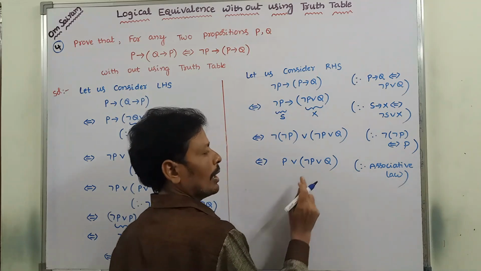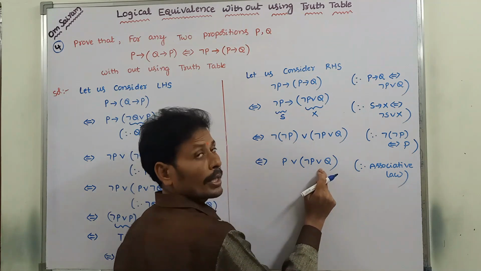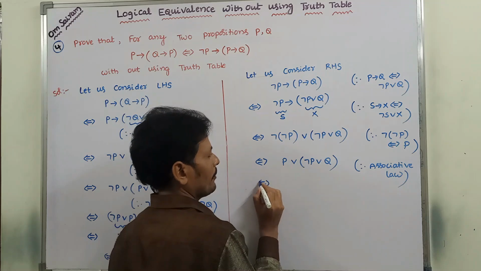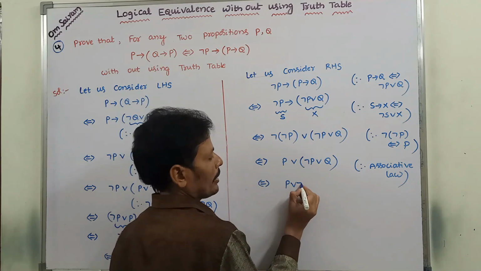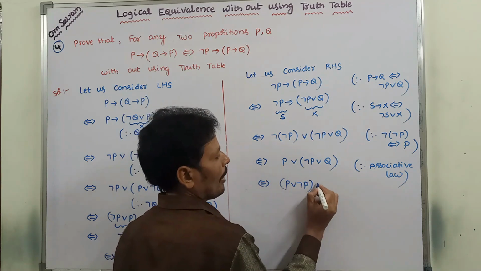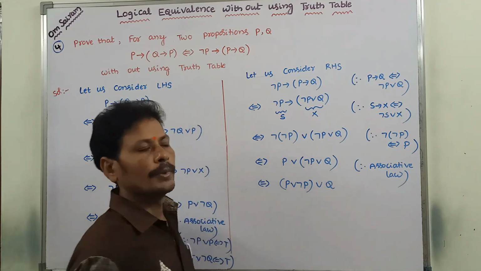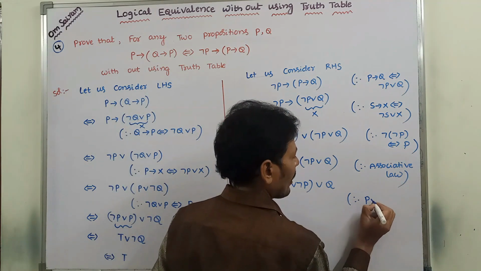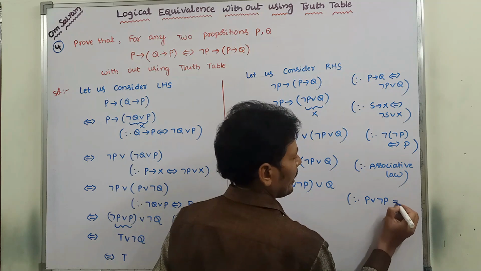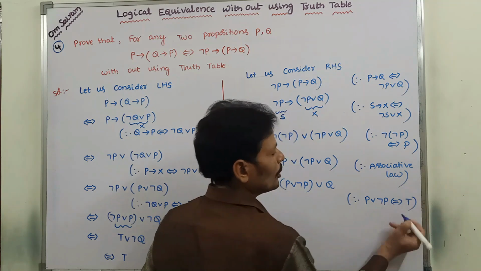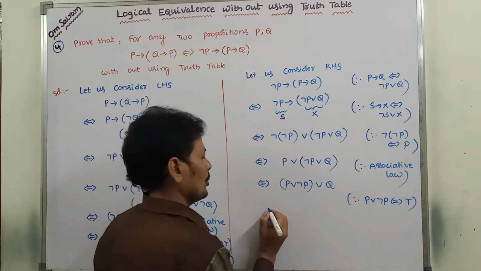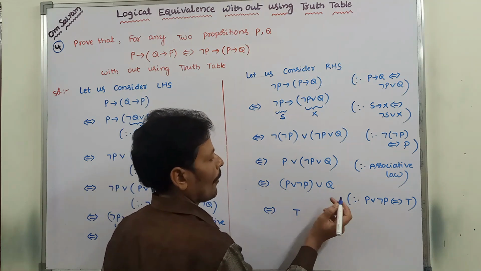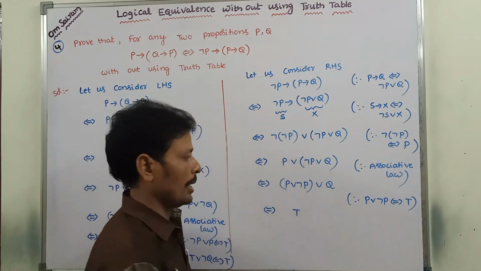In the associative law, the parenthesis is for this one. After applying associative law, the parenthesis is for P or negation P, or Q. So we already know that P or negation P is logically equivalent to true. So we have to substitute true in the place of P or negation P.